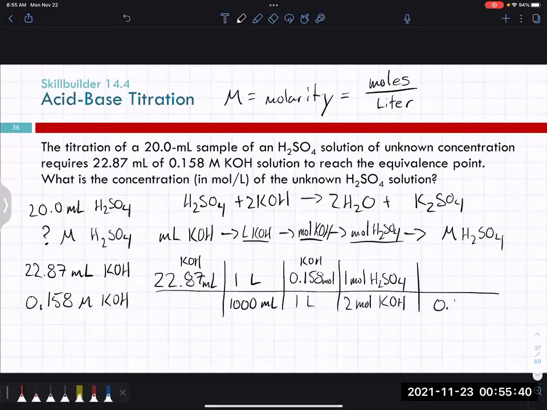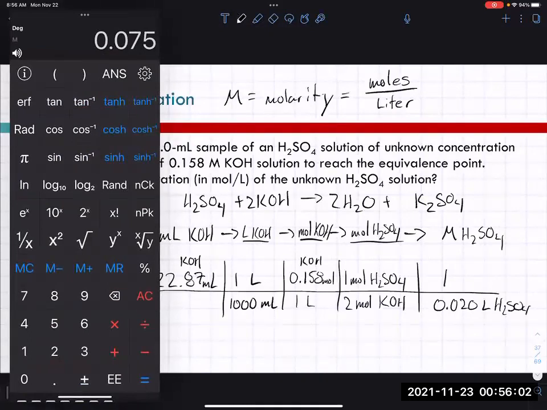So it's going to be 0.020 liters H2SO4. If we multiply by 1 over the number, that's the same as dividing. And that should give us our answer.